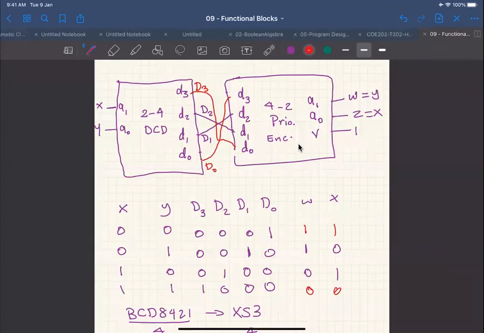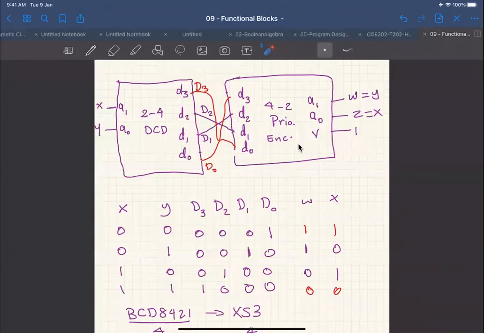Because when you get D3 1, D3 here is going to be feeding D0, so you should get D0 0. And D0 here is connected to D3, so you get 1 1.